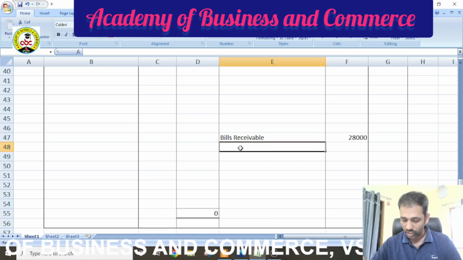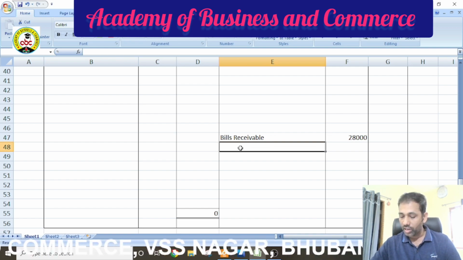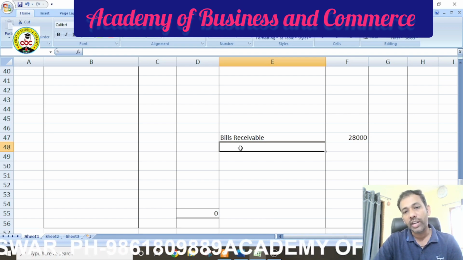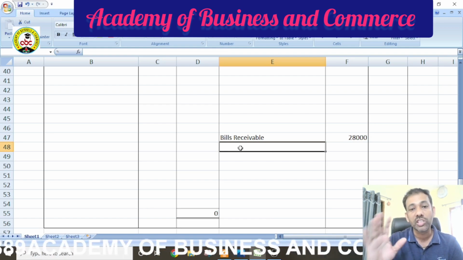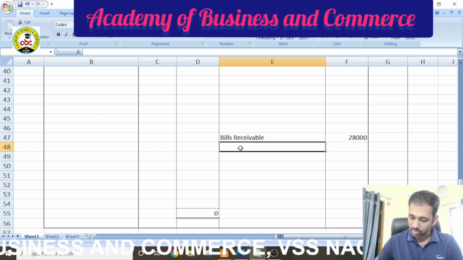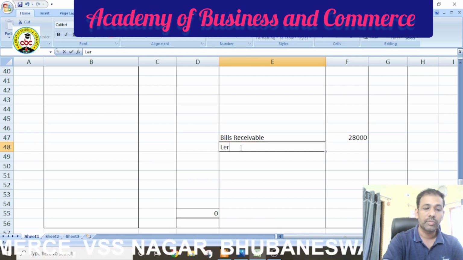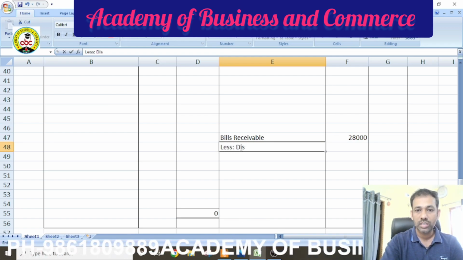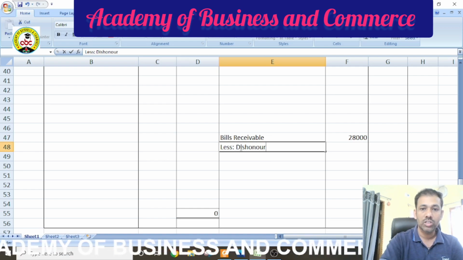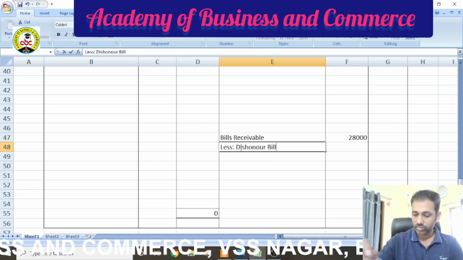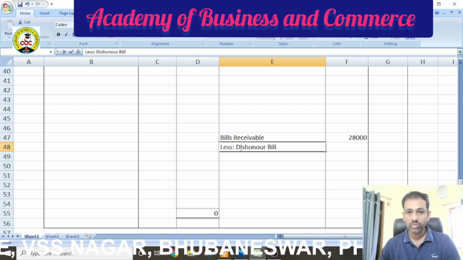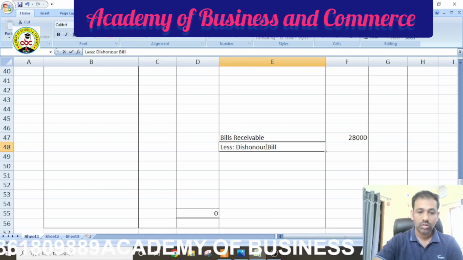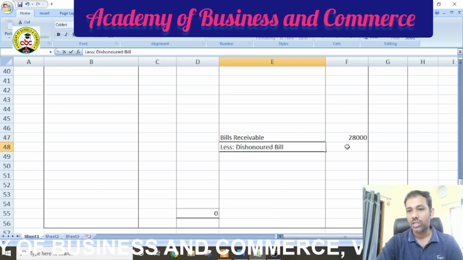That is a goods item, but it is not related to bills receivable. Now adjustment number 3: bills receivable includes a dishonored bill of 3,000. That means one bill of 3,000 included in the bills receivable of 28,000 was dishonored by the bank. So less dishonored bill of rupees 3,000.